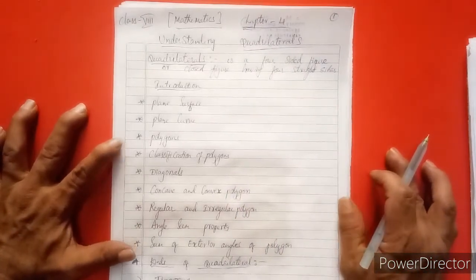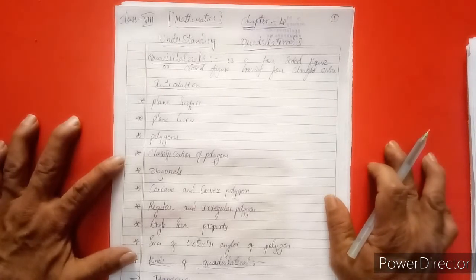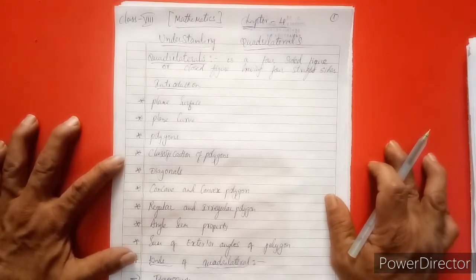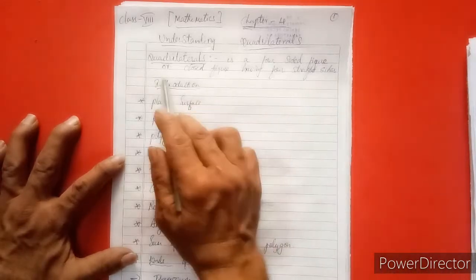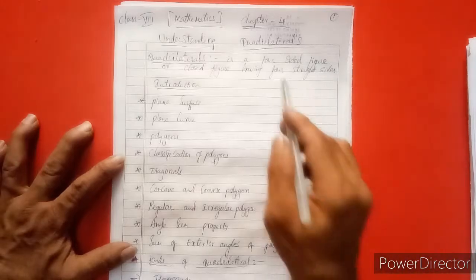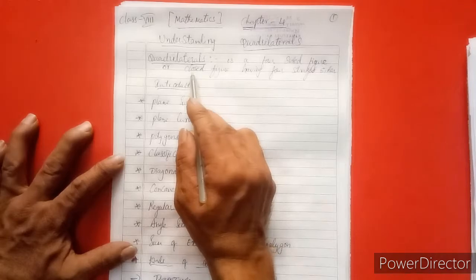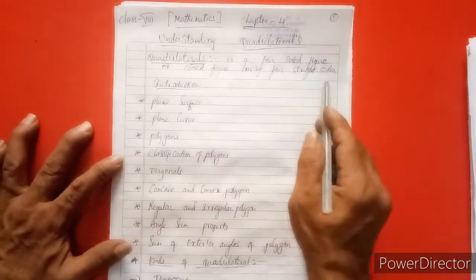You are getting a new word in mathematics, right? So, what do we mean by quadrilateral? A quadrilateral is a four-sided figure, or you can say a closed figure having four straight lines.